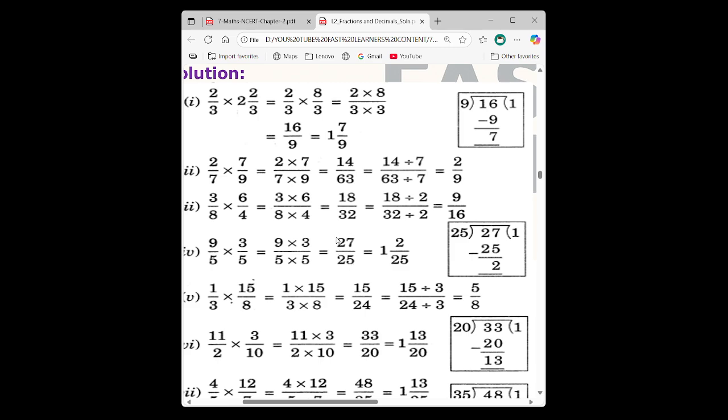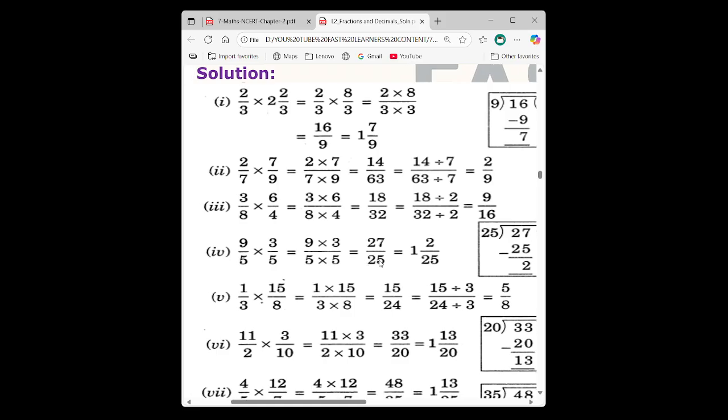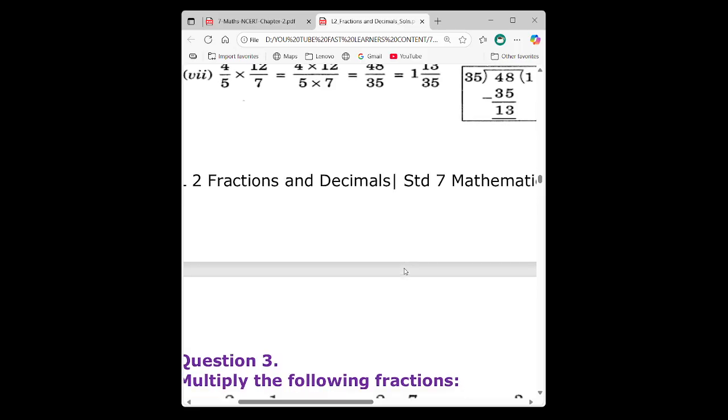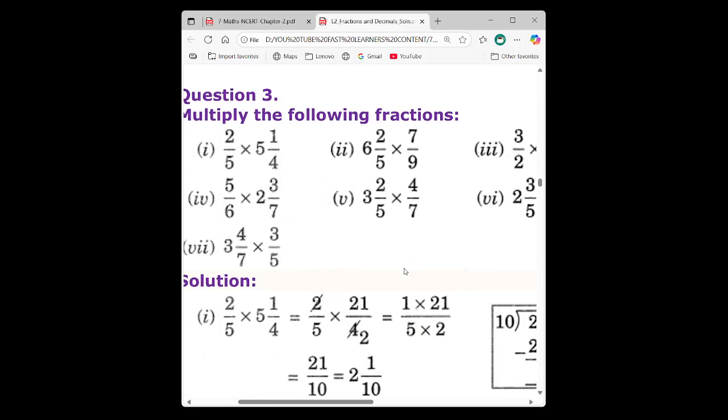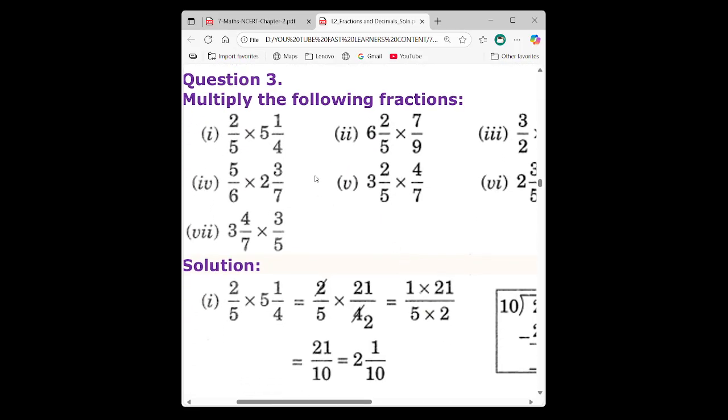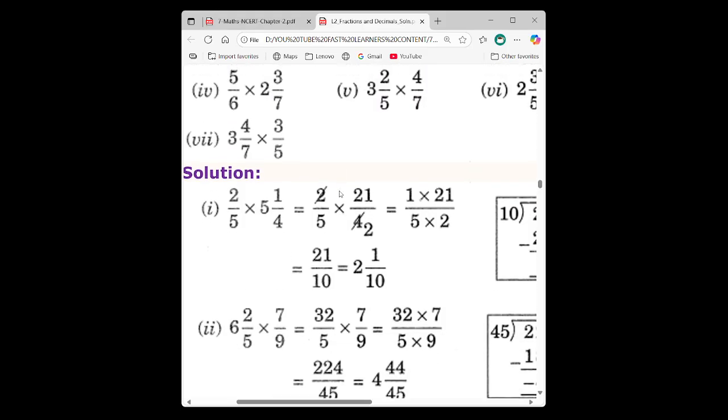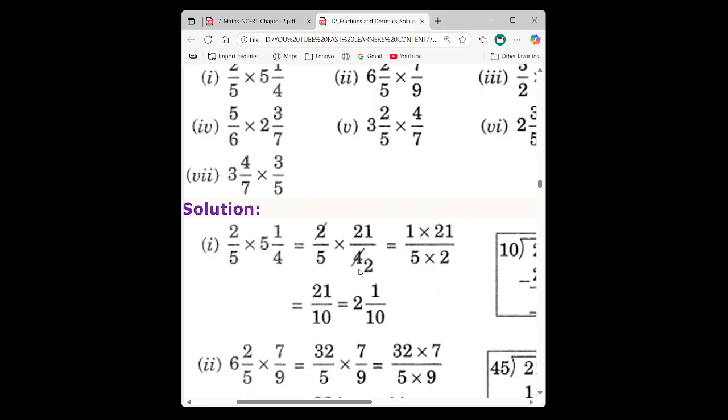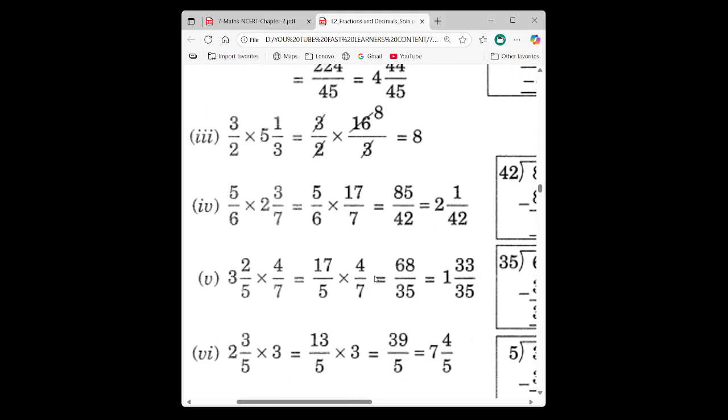So the upper number above the denominator, this one is bigger and the denominator is smaller in improper fraction. And improper fraction you can always convert into mixed fraction. See, multiply the following fraction, again the same thing. The mixed fraction has to be converted into improper fraction and then you multiply those.